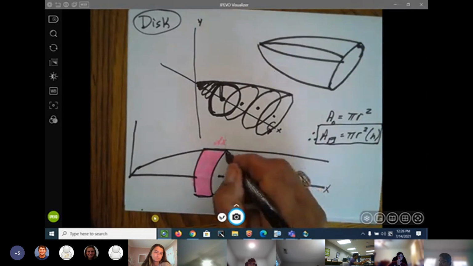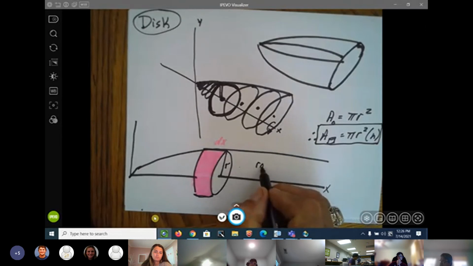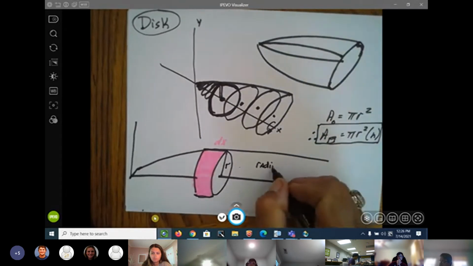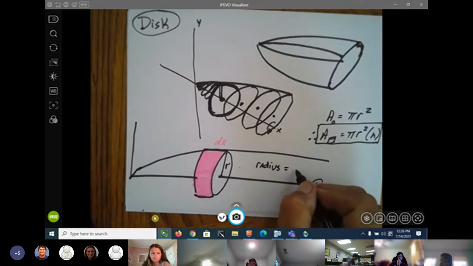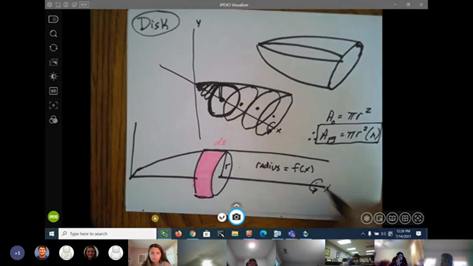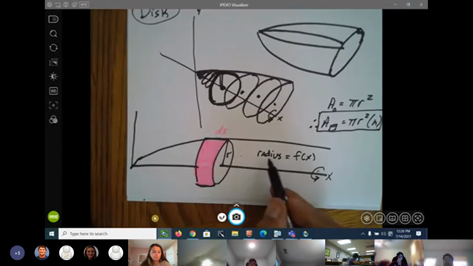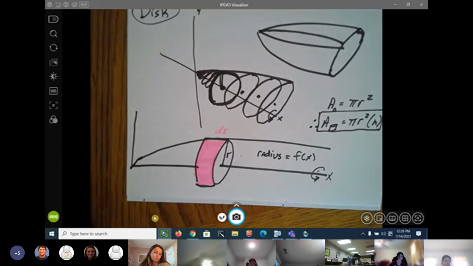The radius, when you're going around the x-axis, the radius is equal to the function. Now, it's very important that you understand what I just said there. Very important. Now, I'm going to take my handy-dandy yellow highlighter.